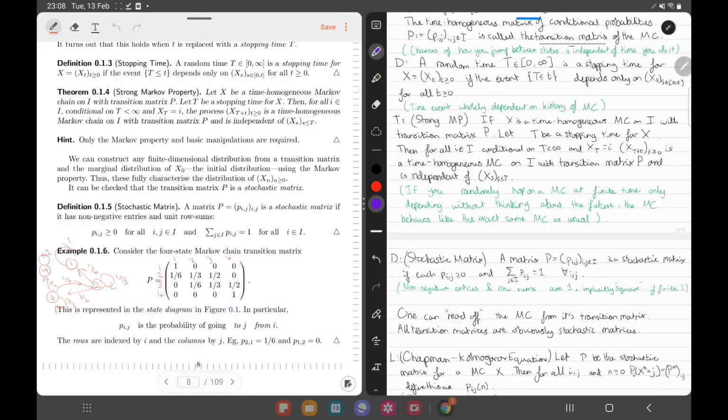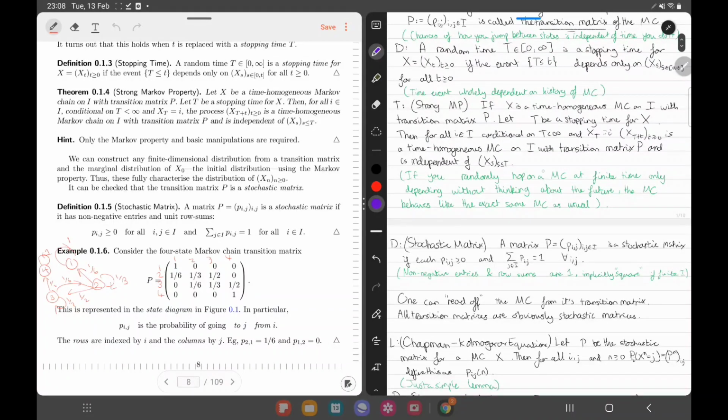The strong Markov property basically says that Markov properties... Okay, well, here what I said was if you randomly hop on a Markov chain at finite time, depending only on the past, without thinking about the future, the Markov chain behaves like the exact same Markov chain as usual.